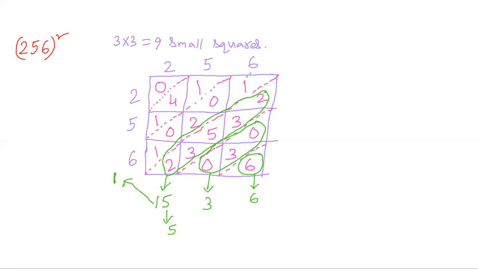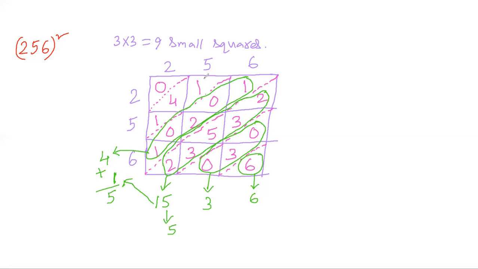Now we'll take the next diagonal. Along this diagonal, if you add the digits, 1 plus 0 plus 2 is 3, 3 plus 0 is 3, 3 plus 1 is 4. 4 and this carry 1 we have to add, so the result is 5.